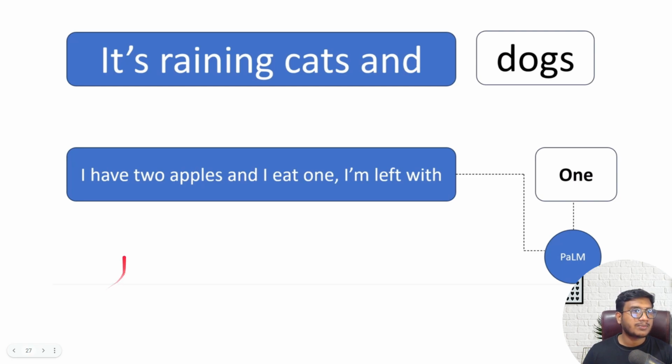So here are some more examples. You can see, "it's raining cats and". This is my input to the large language model, and it will try to generate the word "dogs". Now there is another one: "I have 2 apples and I ate one. I'm left with". This is the input you are passing to the large language model, and it is able to predict "1". That means it is able to generate the next word of the prompt you have given.